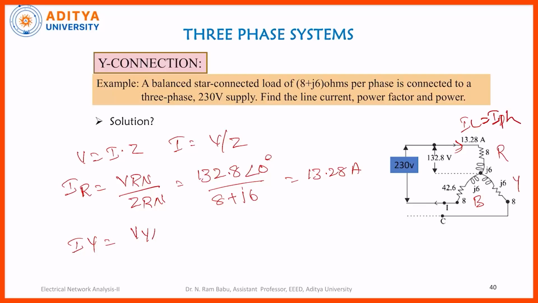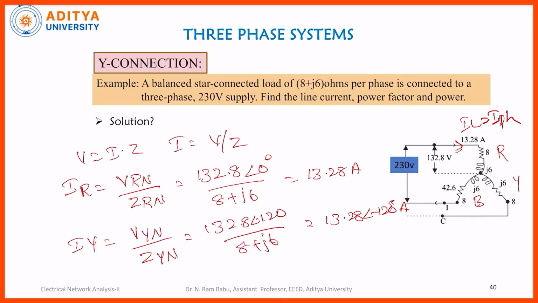Here IY is equal to VYN by ZYN, which is nothing but 132.8 at an angle of minus 120 degrees divided by 8 plus j6. Here it will be around 13.28 at an angle of minus 120 amperes if we calculate. Next one is IB. Here IB is equal to VBN divided by ZBN.